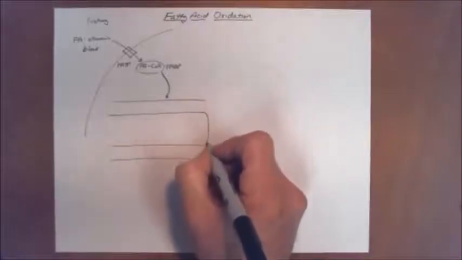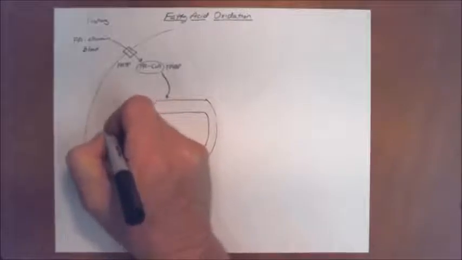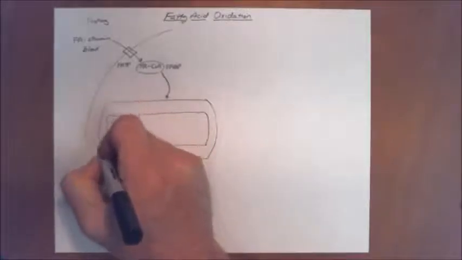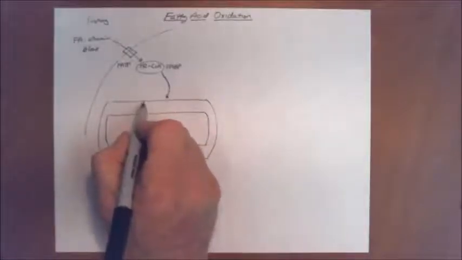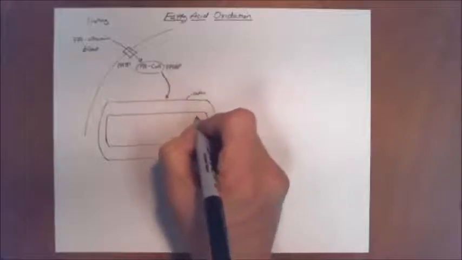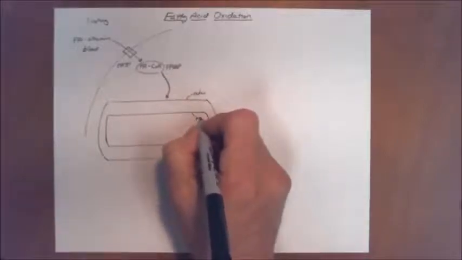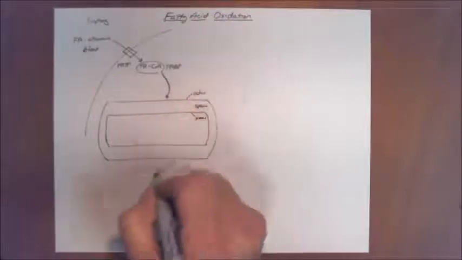So let's draw a primitive structure of a mitochondria and take a look at how the fatty acid is going to enter the mitochondria. If this is our outer mitochondrial membrane, this is our inner membrane, this is the intermembrane space.